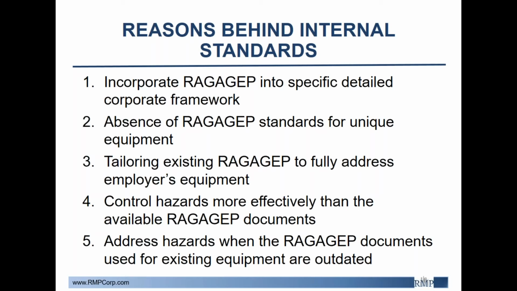So you may need to do something more regardless of what RAGAGEP states to adequately ensure worker safety. And then number 5 would be addressing hazards when the codes and consensus and or non-consensus documents used for existing equipment are outdated and no longer described as good engineering practice.